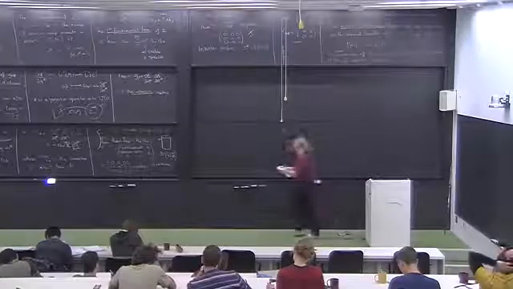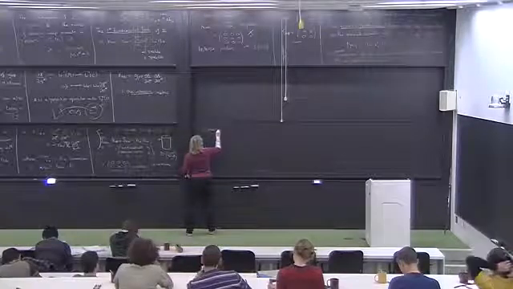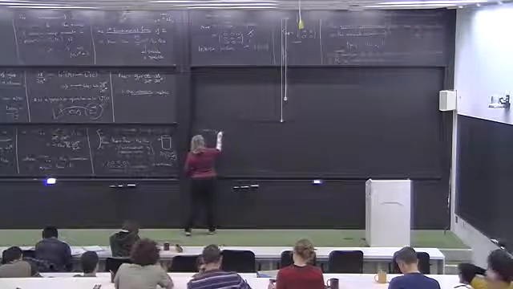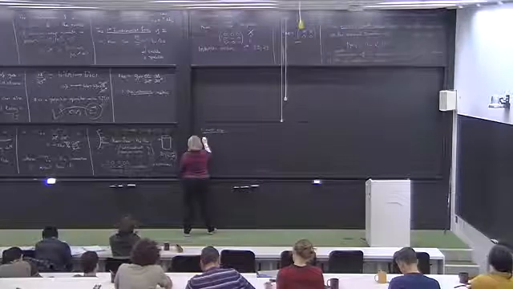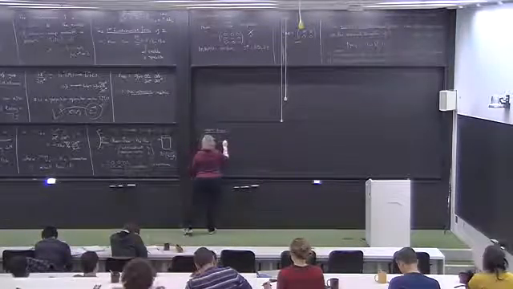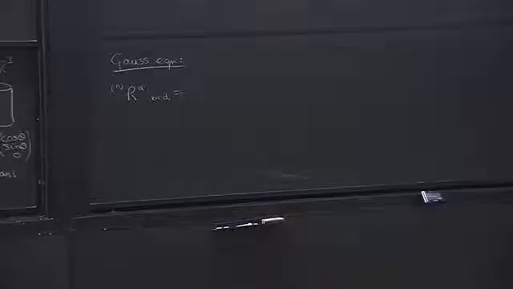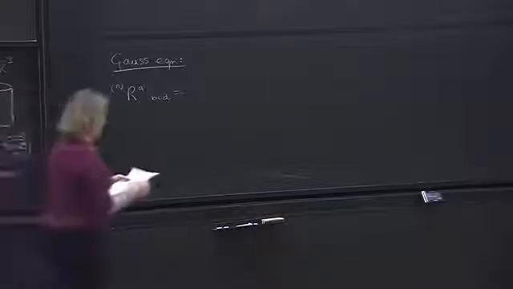Got to get my signs right. So the Gauss equation relates the Riemann curvature of sigma to the Riemann curvature of the manifold plus corrections due to extrinsic curvature.